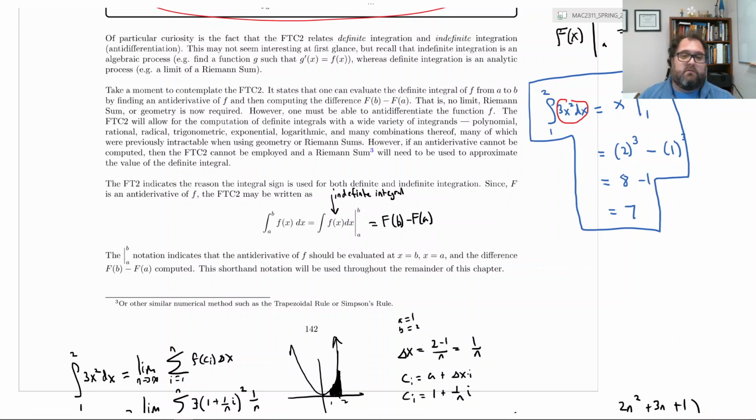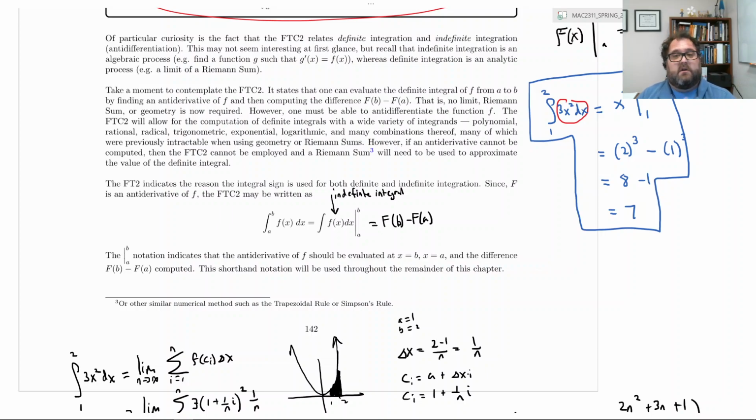But what we'll do in the future is much more interesting examples where the fundamental theorem is not necessarily a walk in the park, but it allows us to work with really weird and interesting functions where we still have to find the antiderivative. Okay, so in the next several videos, we'll tackle many examples of applying the fundamental theorem part 2, and how we're going to use that now instead of Riemann sums, instead of a limit of Riemann sums.